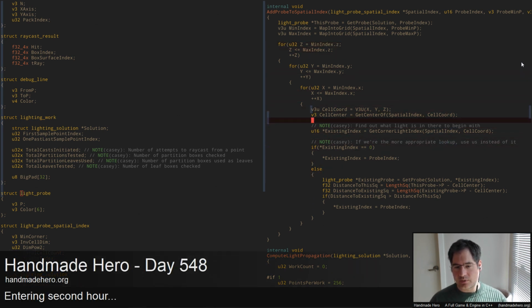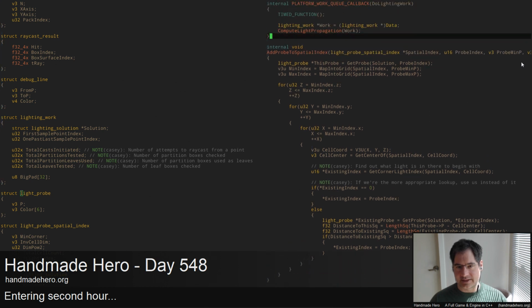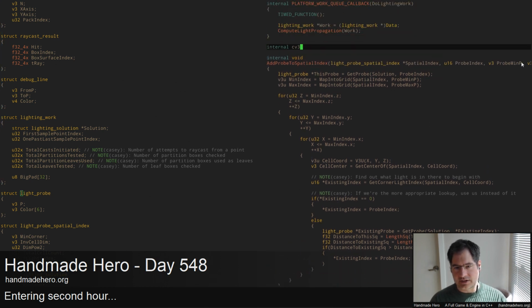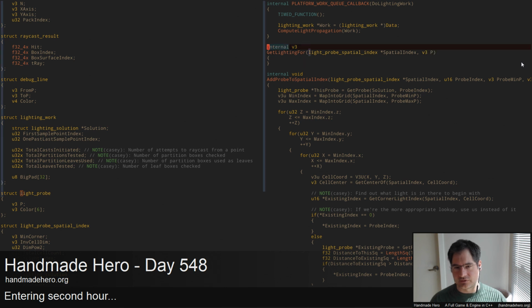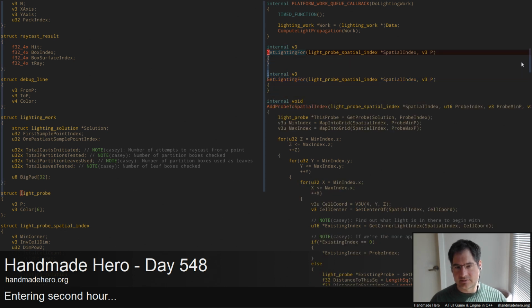And then when it comes to lighting time, what I want to do is say something like get lighting 4 or something like this. And when we pass in the spatial index, presumably we would do two versions of this, maybe something like that.